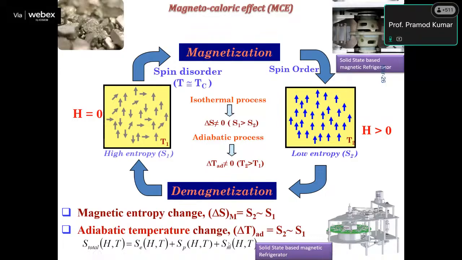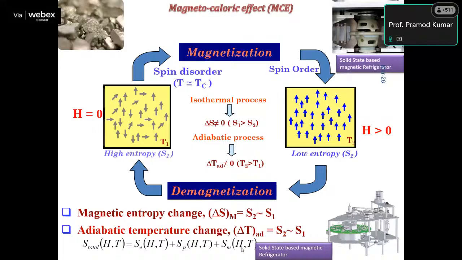So whenever these spins go in random directions, definitely this entropy will start to change, or we will find a change in the energy. That is going to be compensated by the electronic part. So this Se is directly proportional to temperature. That's why we see a change in the temperature.